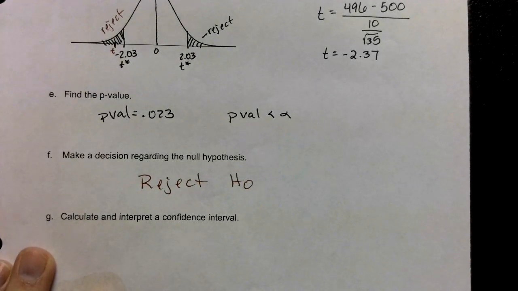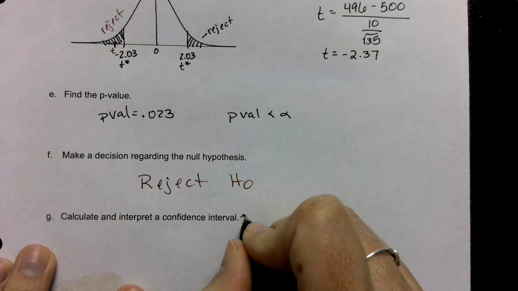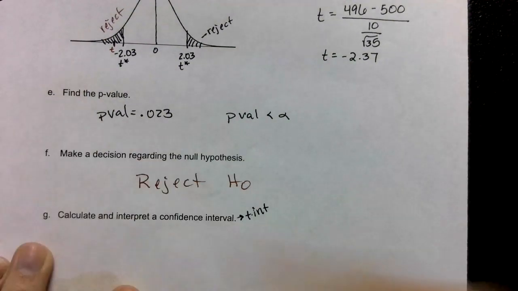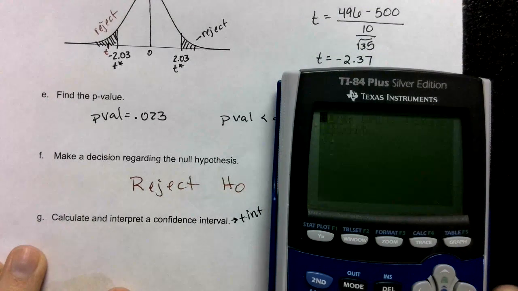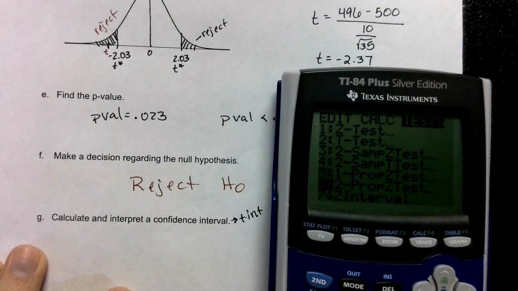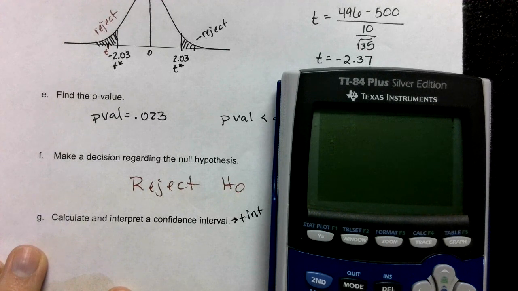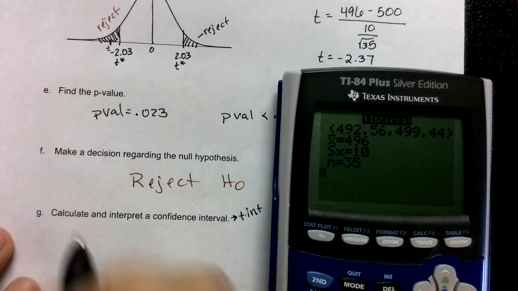The last thing is calculating our confidence interval. Since we ran a t-test, we need to run a t-interval to match. So stat, test, t-interval. Our sample mean was 496, standard deviation 10, sample size 35, confidence level 95.